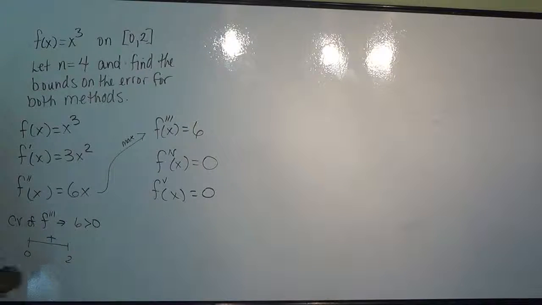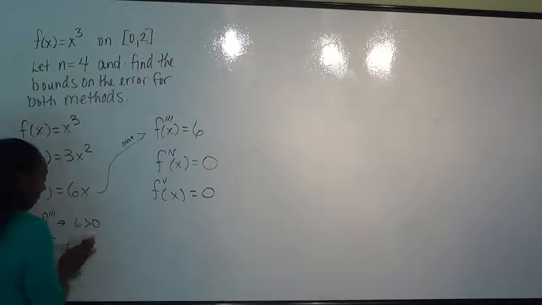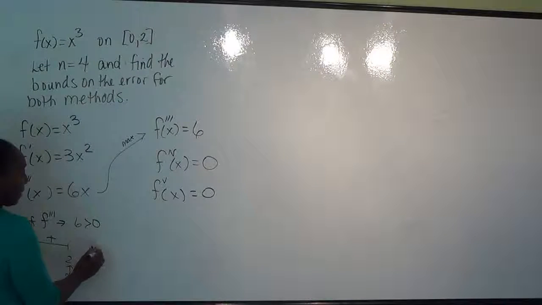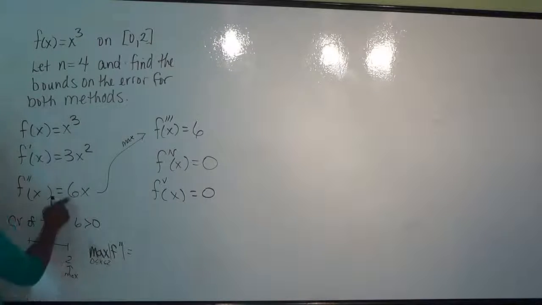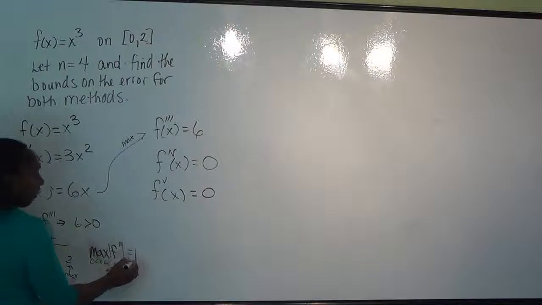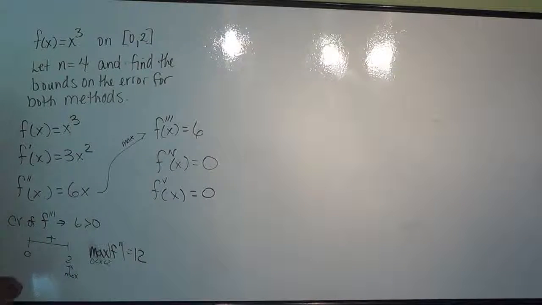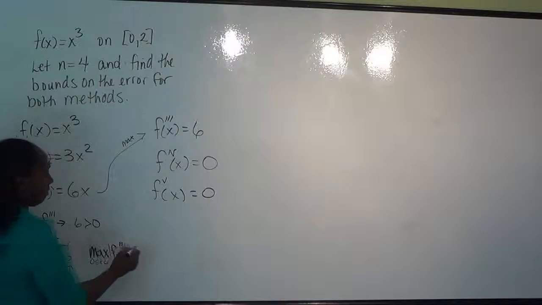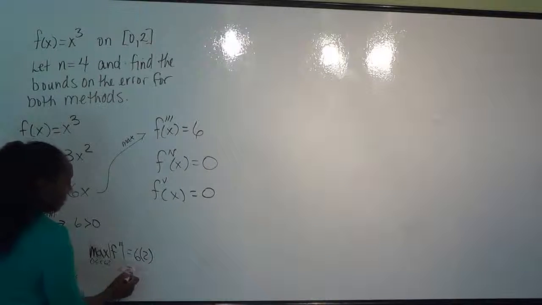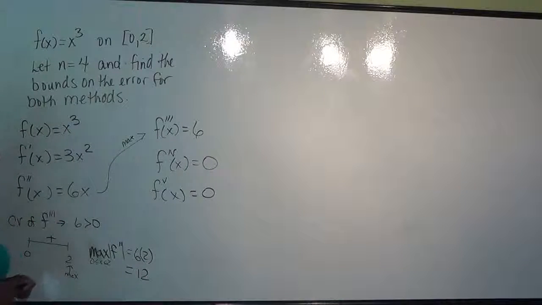So the max is going to occur at the rightmost point. Let me write it this way: my max of f double prime on the interval from 0 to 2 is going to equal this function evaluated at 2. If you're taking notes right now, I would say it this way, which is equal to that.